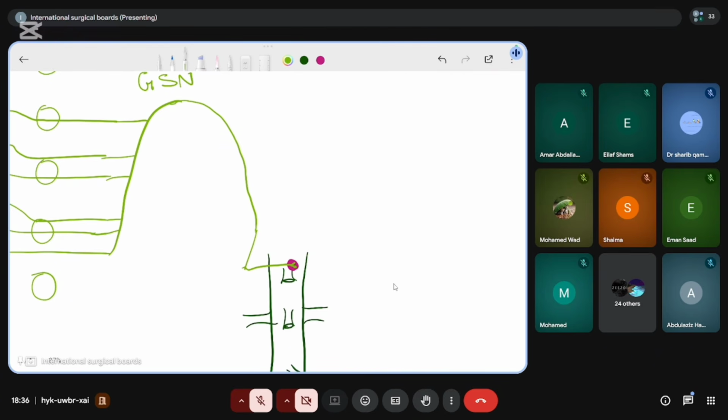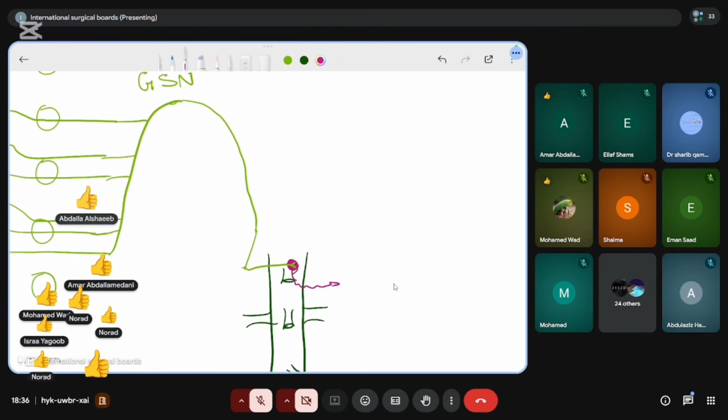Then postganglionic sympathetic fibers move with the branches of the celiac artery to the spleen, to the pancreas, to the liver, to the foregut structures, to simplify it. So the greater splanchnic nerve is meant to do what? Sympathetic supply to the foregut. Simple? Are you with me now, or did you sleep? Okay, not asleep, thank God.